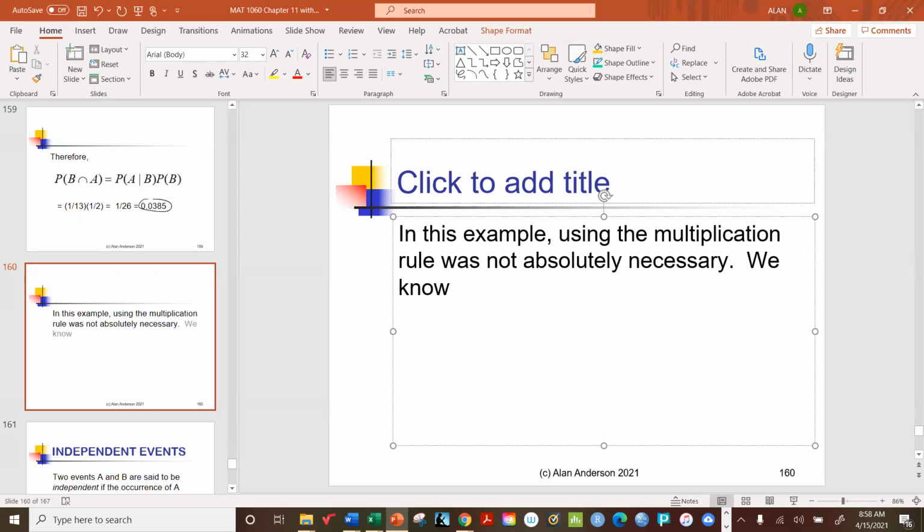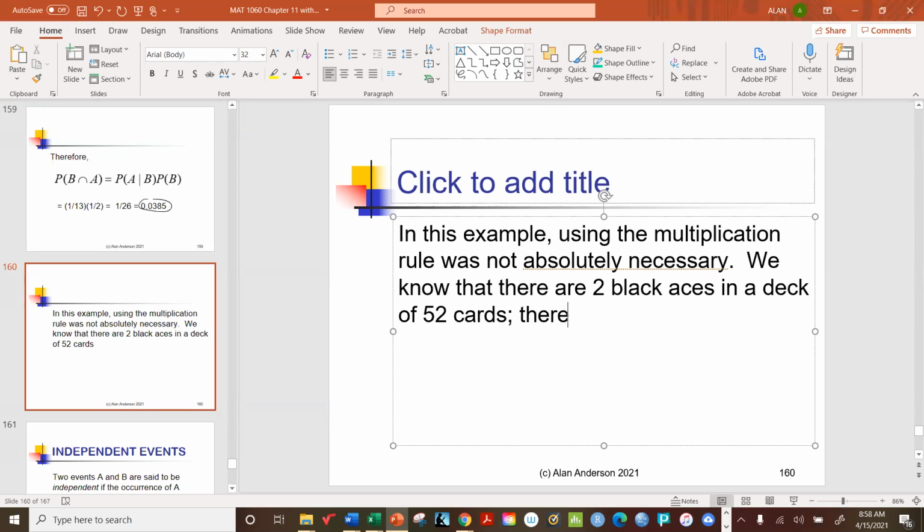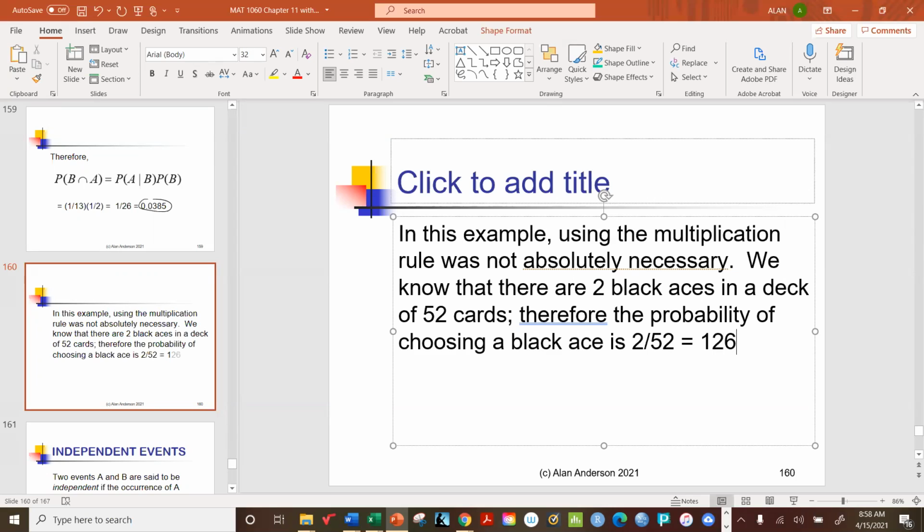We know that there are 2 black aces in a deck of 52 cards. Therefore, the probability of choosing a black ace is 2 out of 52 or 1 out of 26, which again is approximately equal to 0.0385.